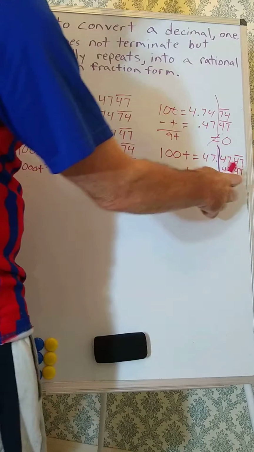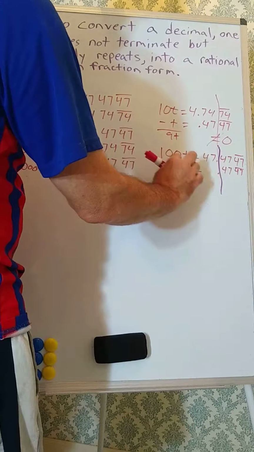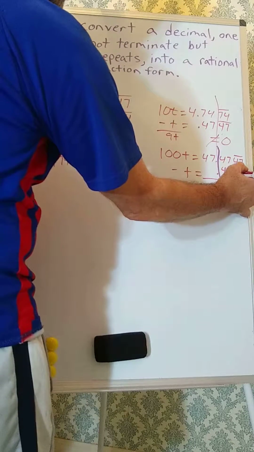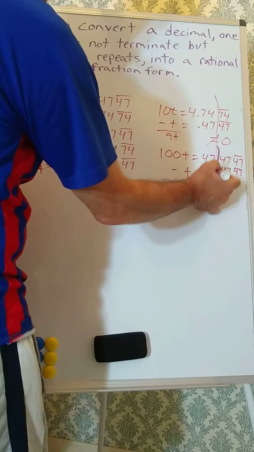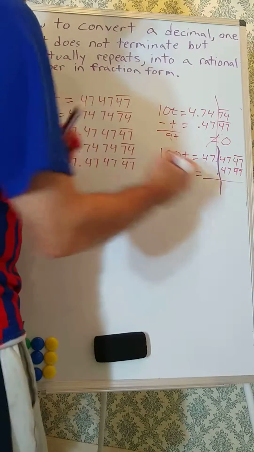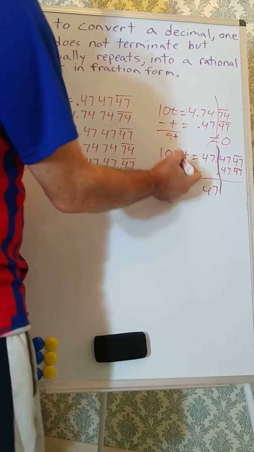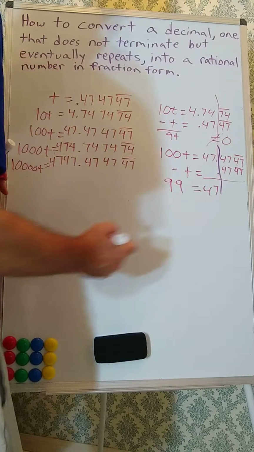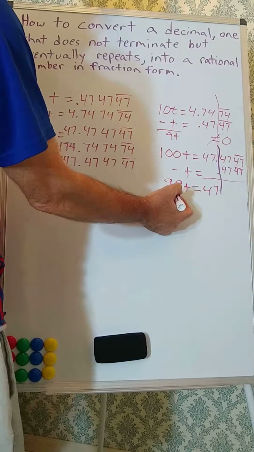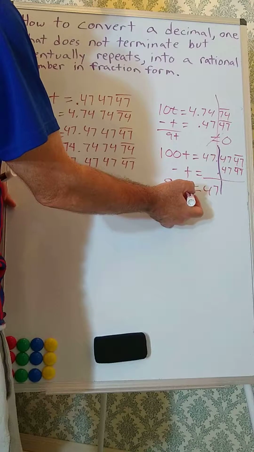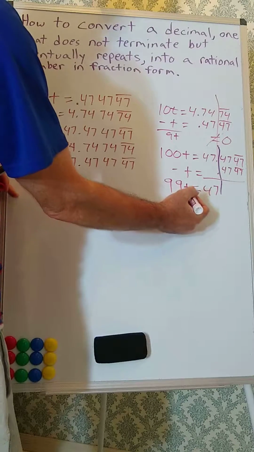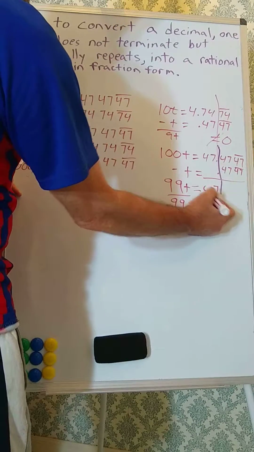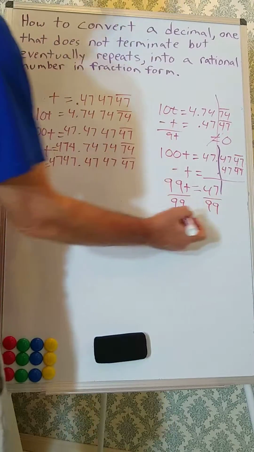So if we subtract t from 100t, this part is 0, so we'll just get 47 minus 0, that's 47. And 100t minus t gives us 99t. So we have 99 times t, and to undo multiplying t by 99, we do the inverse operation, which is division, so we divide by 99, and we must do the same thing on the other side to keep the balance.